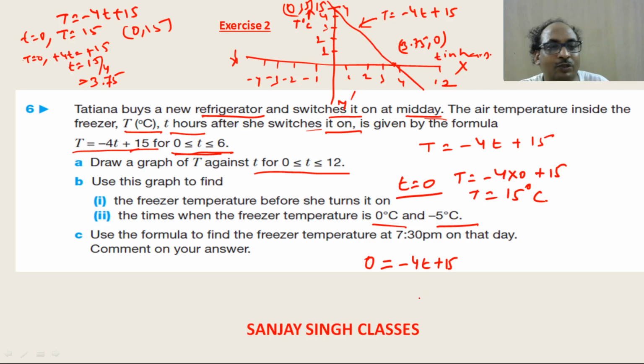When the temperature is 0, t is 3.75, so 15 by 4. So what is that in hours? 4 3s are 12, so t is equal to 3 3/4 hours.